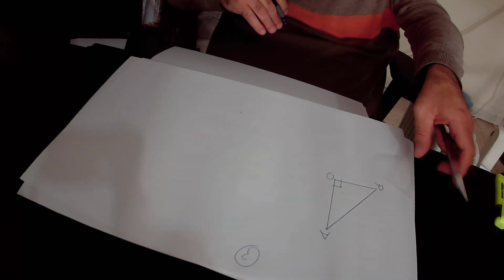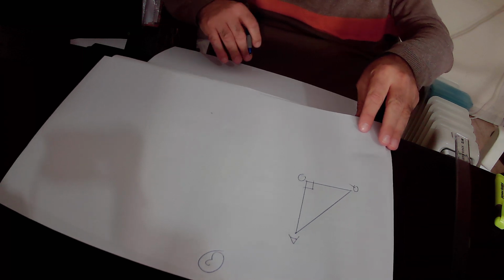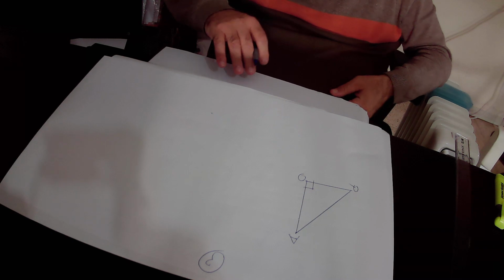Actually, this is the right green triangle AQO copied from the original drawing. Now we will block this right triangle by a circle.